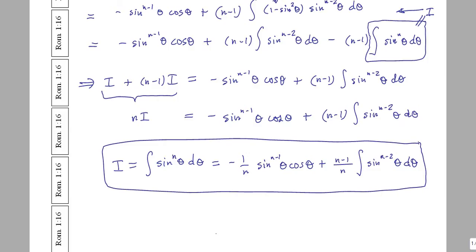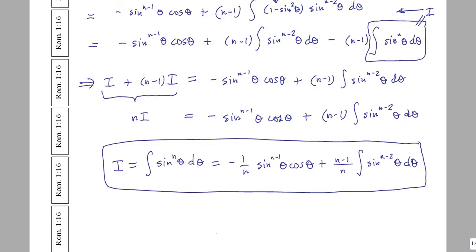And as I made the comment in the last video, let me make that here as well, just for completeness sake. Notice in this formula that whatever n you choose, let's just say we chose n to be 6. So far I've developed integrals of various powers of sine up to the power 5.